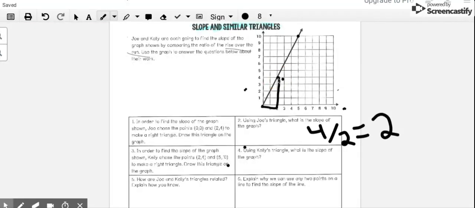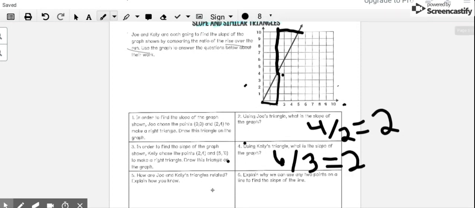So if we draw the line, we're going from 4 up to 10. So we should have a line all that way up here. So that would be going up 6. And then we're going to go over 3. So that's 6 over 3, which if you notice, it reduces to 2.